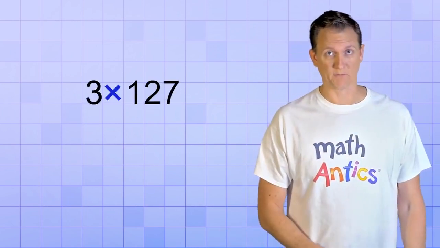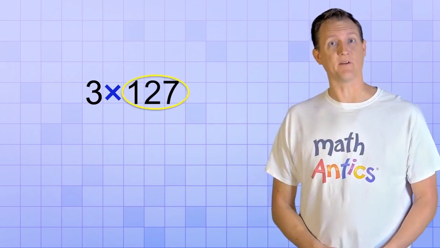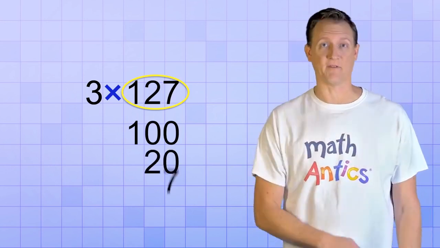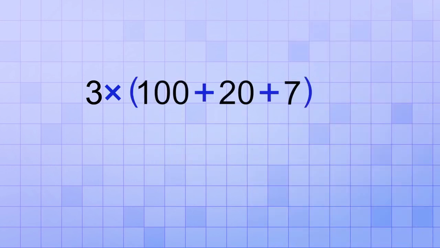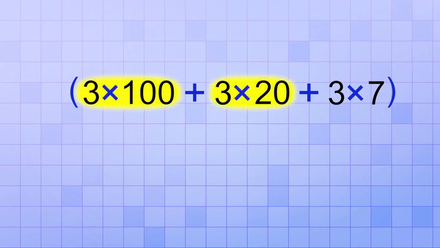Let's apply that same idea to this multiplication problem. 3 times 127. But instead of 127, let's change that into the group 100 plus 20 plus 7. We need to multiply that by 3, and the distributive property lets us distribute that multiplication to each member of the group. 3 times 100 plus 3 times 20 plus 3 times 7.